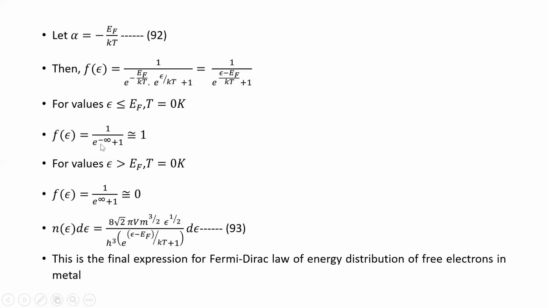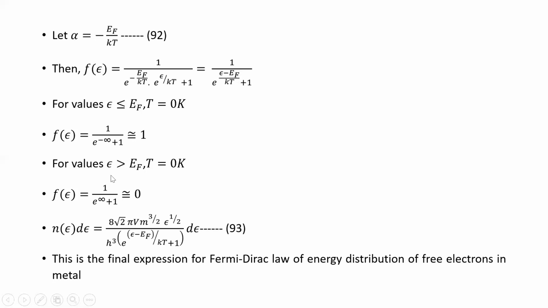So this expression becomes 1 by e raised to minus infinity plus 1. We know that e to the power of minus infinity will be 0. So we will get F of E is equal to 1. So now you understand that when we substitute alpha is equal to minus EF by KT in the expression of F of E, we get the correct expression for the occupation index when E is less than the Fermi energy.